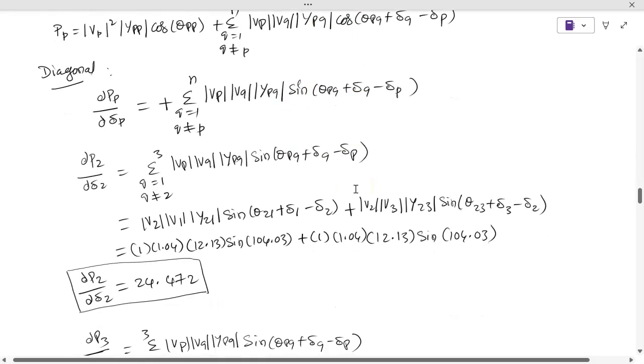Now we need to calculate ∂P2/∂δ2. That means here P is equal to 2.